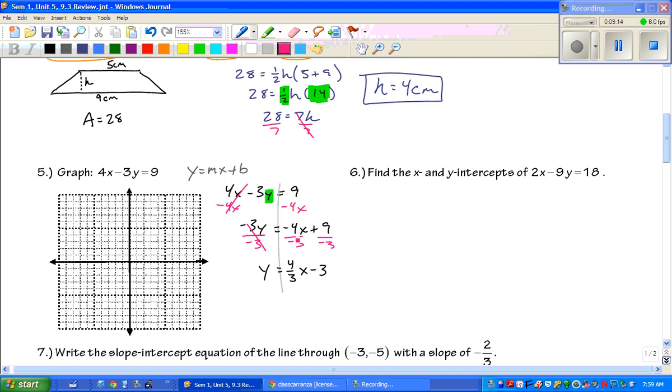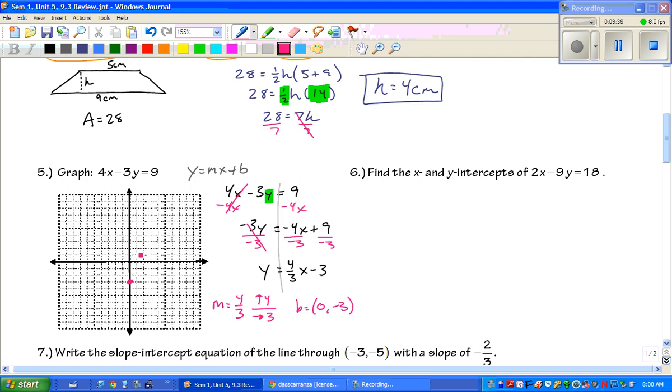So there's my equation. I want to know that my slope is 4/3, so that means I'm going up 4 and to the right 3. And my y-intercept is 0, negative 3. So I have to start at negative 3 down here.